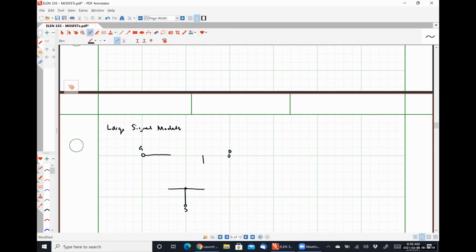And over here is our drain. So between the drain and the source, we are going to place a dependent current source, because we see current flowing from the drain to the source.